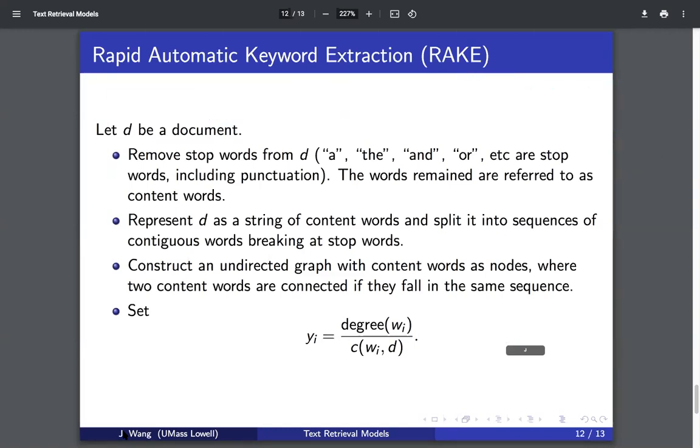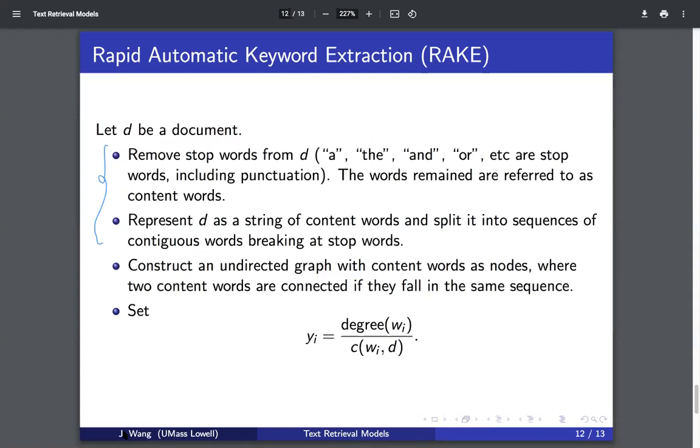All right. So after this pre-processing, we are going to construct an undirected graph with content words as nodes. Content words are just what remains after removing the stop words.